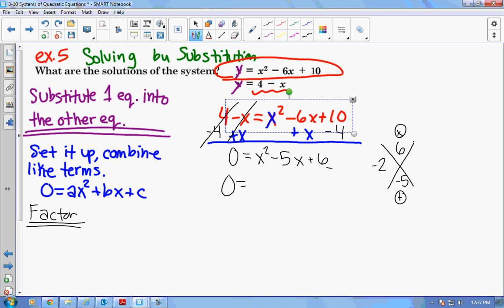Negative 2 times what is 6? Okay, that would make negative 6. How do I make it positive 6? And negative 2 and negative 3, does that add to negative 5?